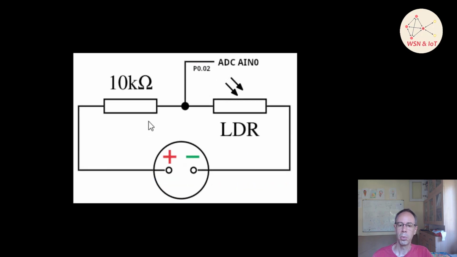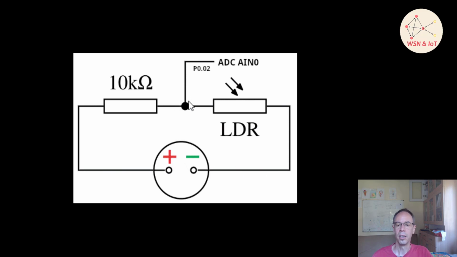Our scheme: we are using a light dependent resistor in a voltage divider, with a 10 kilo ohm resistor and the light dependent resistor, connected to a voltage supply with a plus on one side and ground on the other.